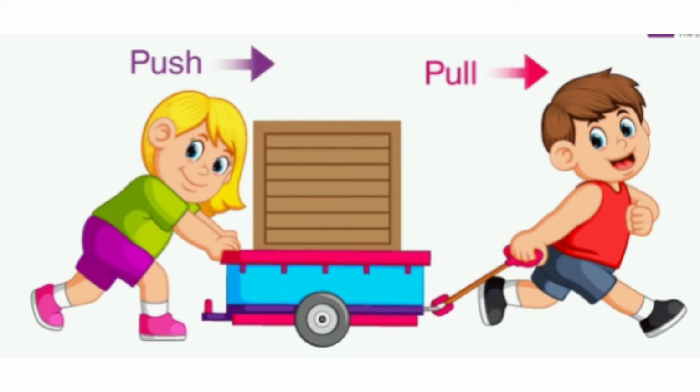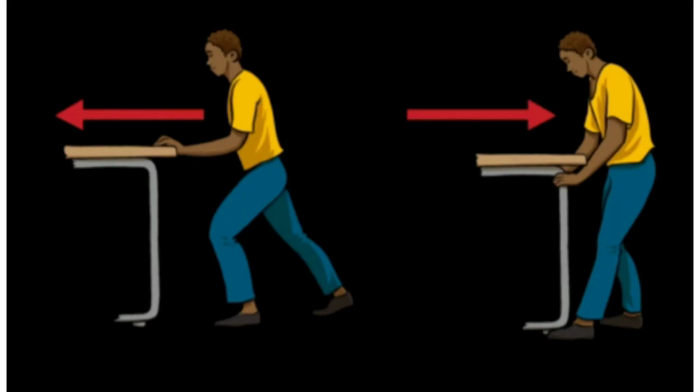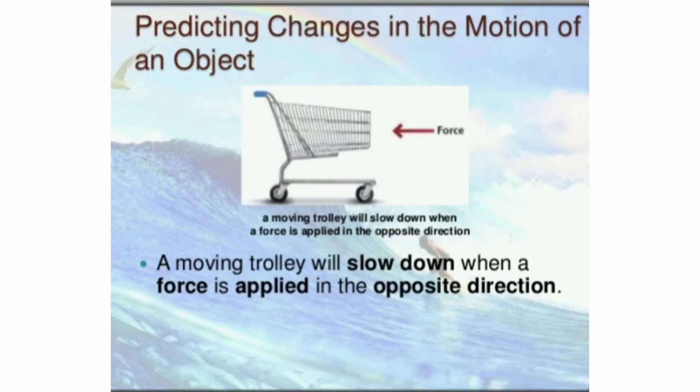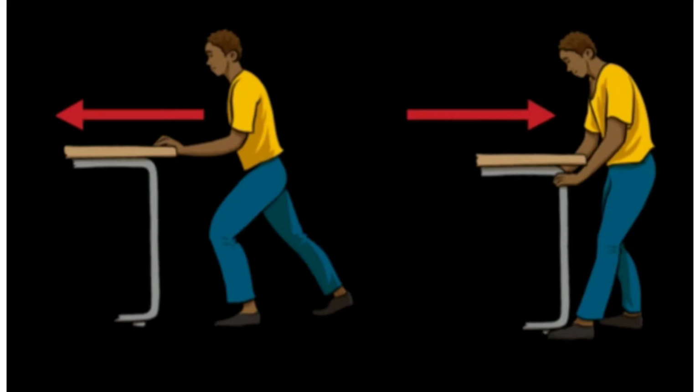We apply force to change the direction of a pen, and to stop and move a trolley when shopping in a supermarket. We apply a braking force to slow down a bicycle or a car to avoid hitting someone.